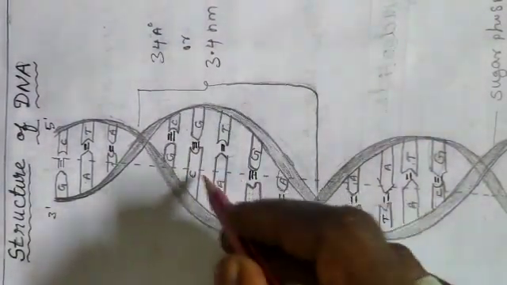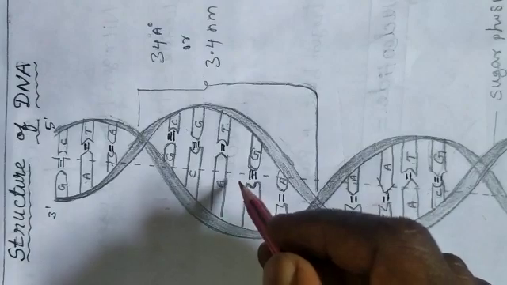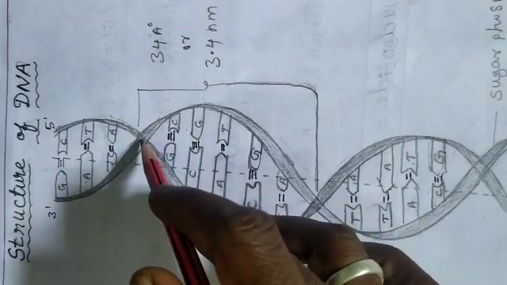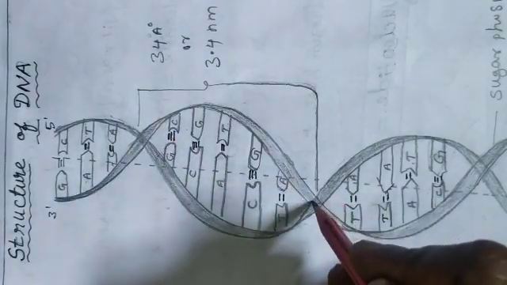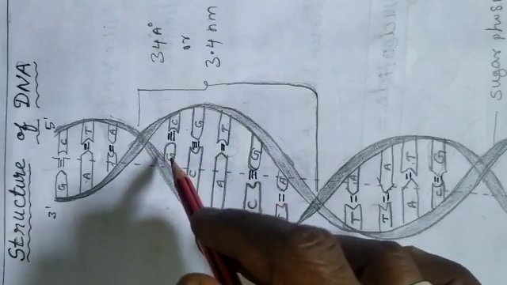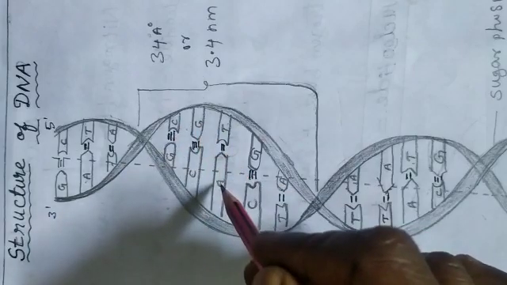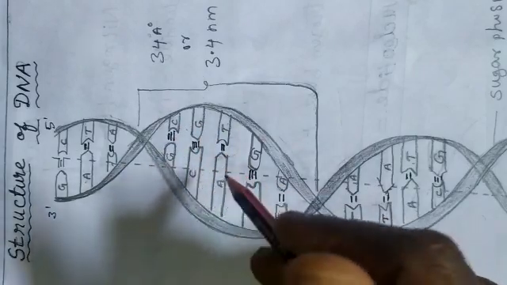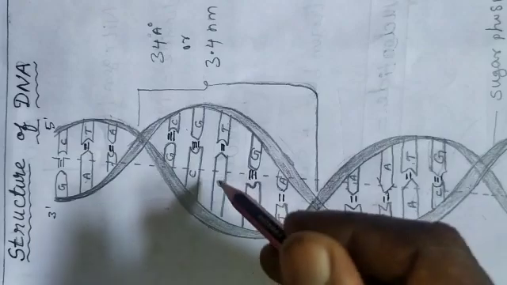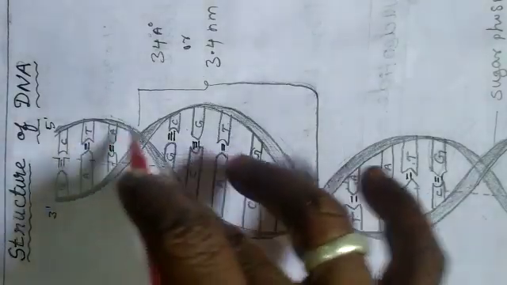In that one turn, 10 base pairs are present. Base pairs means G, C, C, G and then A, T, like that 10 base pairs are forming in one turn.